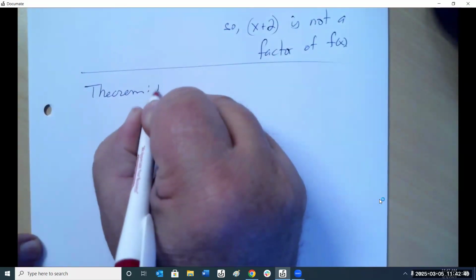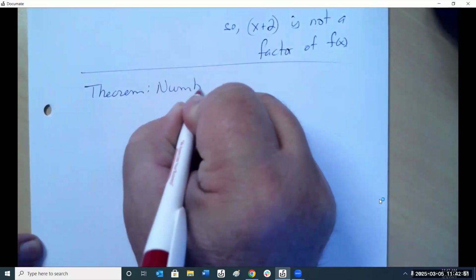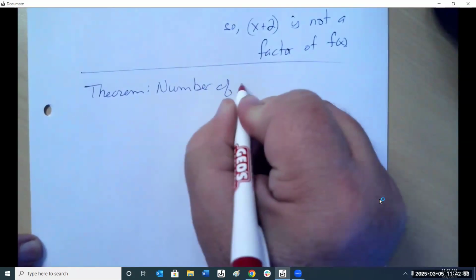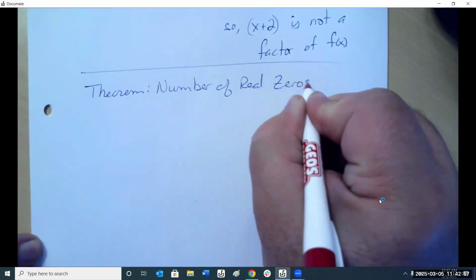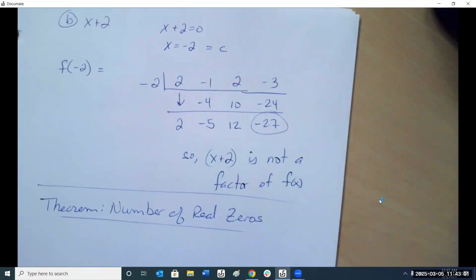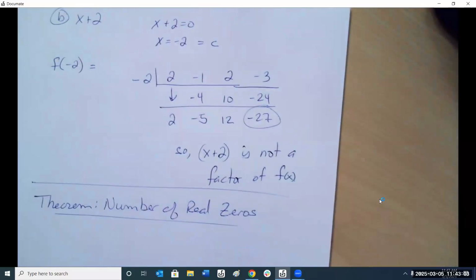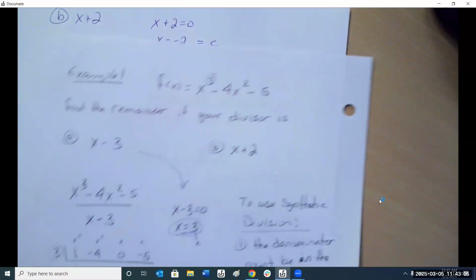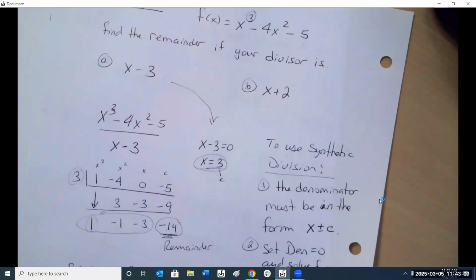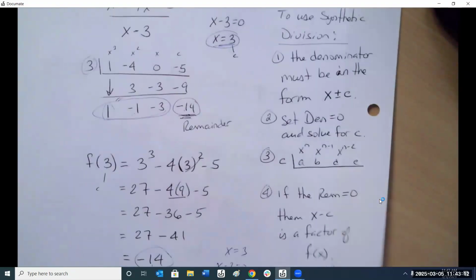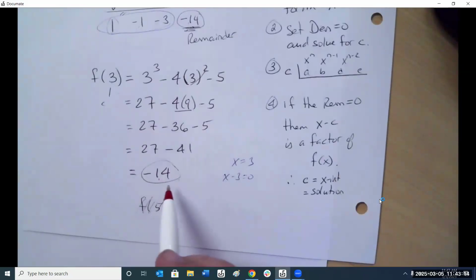I think I have a question. Yes. Remember on example 1, when you did the synthetic division and you got -14, and then I plugged it into the equation, I got -14.